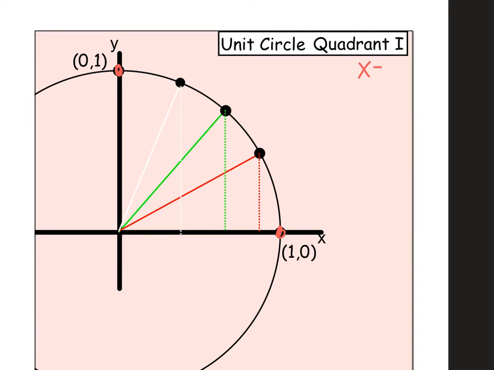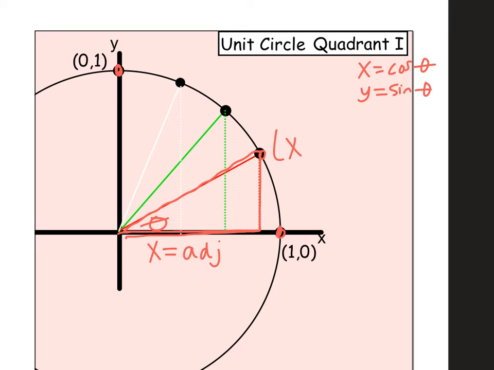We know that the x is always the cosine of the angle, and the y value is the sine of the angle. To visualize it one more time, look at this red triangle right here. Whatever this angle is, the x-axis right here is the adjacent side to that angle, so there's some x-coordinate here.